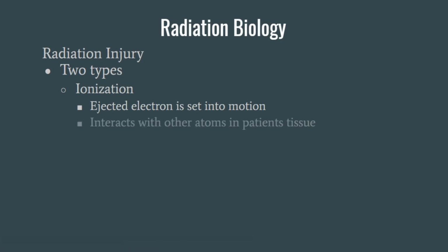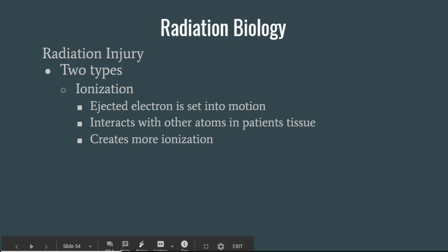That electron is then going to interact with other atoms in the patient's tissue. So remember, everything is made of atoms. That electron is going to interact with other atoms in the patient's tissue and is going to create more ionization. So there's this constant process happening inside the body where atoms are losing electrons and then atoms are gaining electrons. This is all ionization.